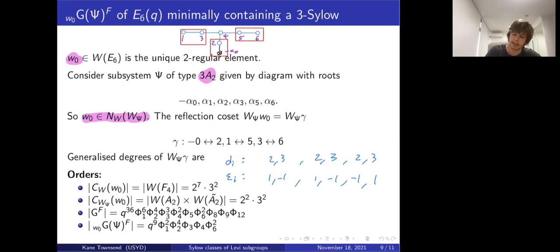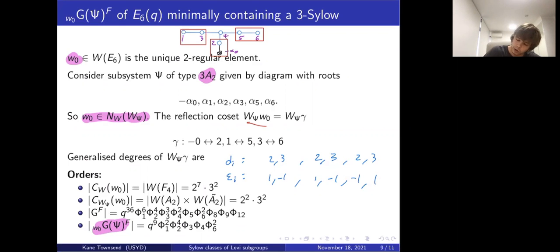But to calculate the order of this twisted subsystem subgroup, we need to understand what the generalized degrees of this reflection coset are. And in this form, it's not perfect for recognizing straight away what the generalized degrees are, because w0 acts by sending roots in this simple system to the negatives. So that's not really easy to keep track of.